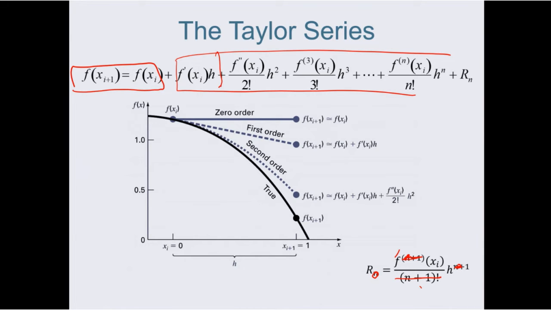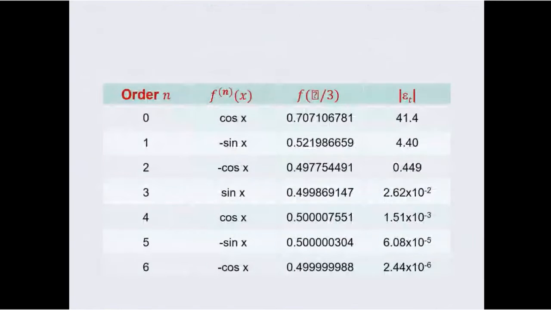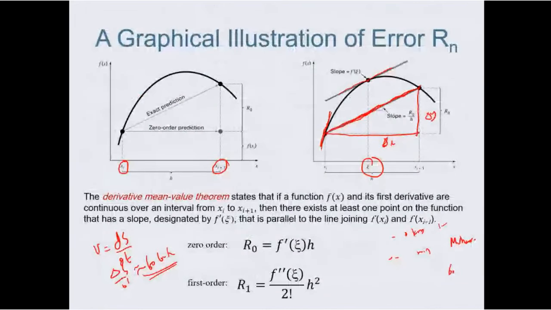So this is the remainder term for the zero order. For the first order, of course, you will include that term, and then from the second order, and all this is going to be the remainder term for the first order. And we are basing the derivatives at the point xi.